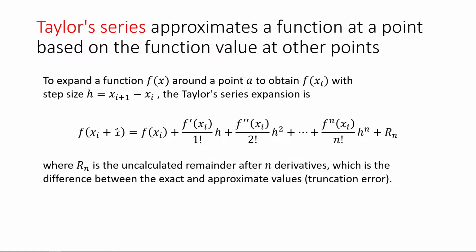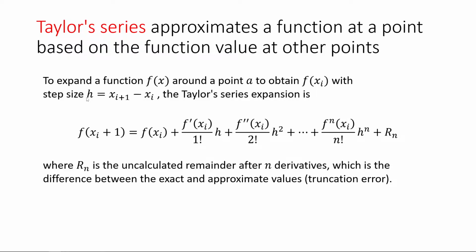That's equal to the function at xi, so this is the new value, equal to the previous value plus the first derivative at the previous value times h, and the second derivative term at the previous value. This is h here. That is your step size, the difference between xi plus 1 and xi.